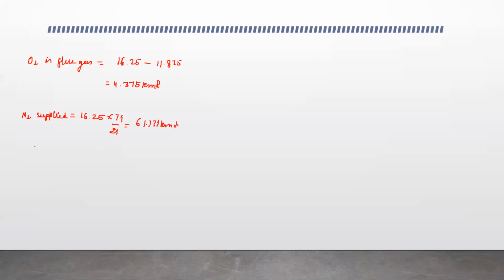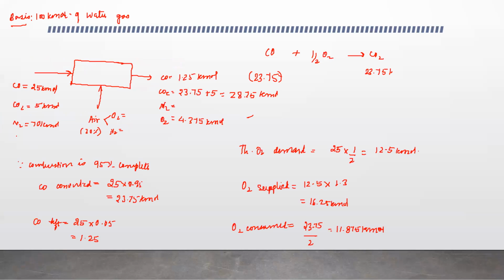And we already have 70 kilomoles of nitrogen in the water gas. So nitrogen in the flue gas is nitrogen from here plus nitrogen in the air, that is 61.131, which gives you 131.131 kilomole, and oxygen in the air was 16.25. So our block diagram is complete.